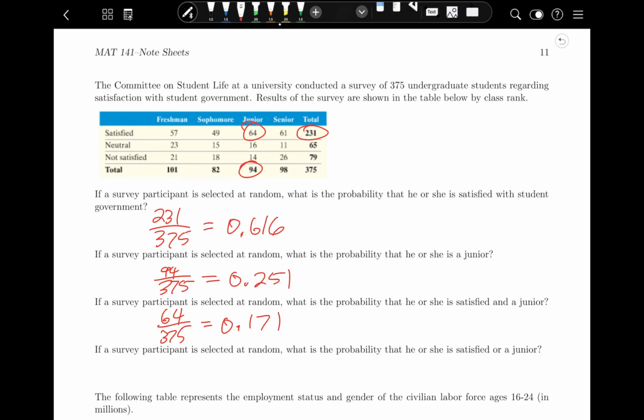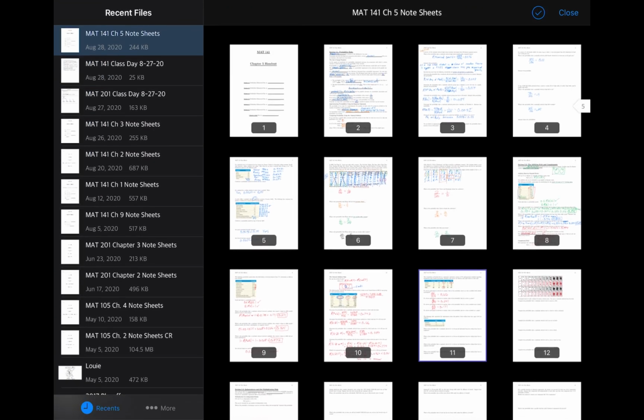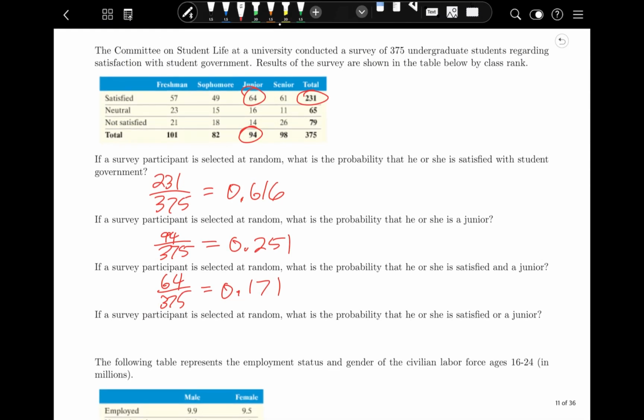And then what is the probability that he or she is satisfied or a junior? So you could add and subtract the answers we already found, or you could add and subtract these things, satisfied or a junior. So we could do satisfied, 231, plus a junior, and then we just have to realize we have to subtract if there's any overlap. Whoops, I wrote the wrong number here. So 94 minus the 64 that are overlap over 375.